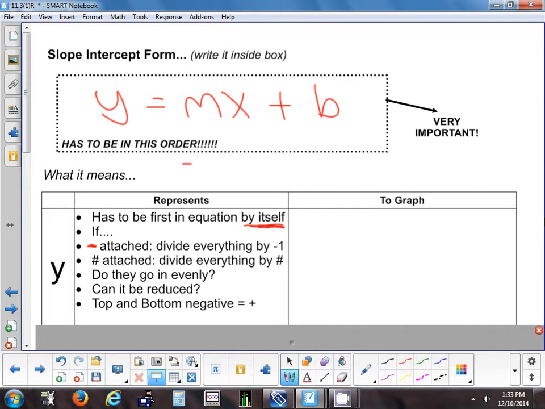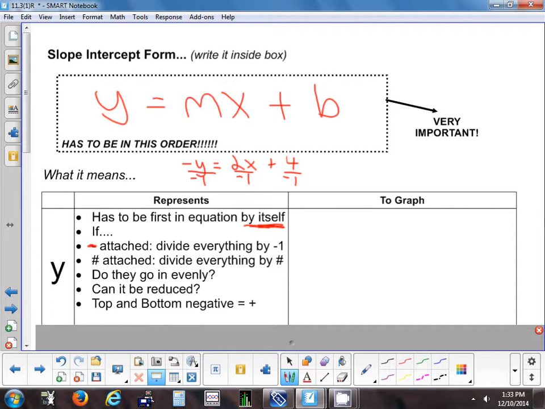So if it was like negative y equals 2x plus 4, I would divide everything by -1.